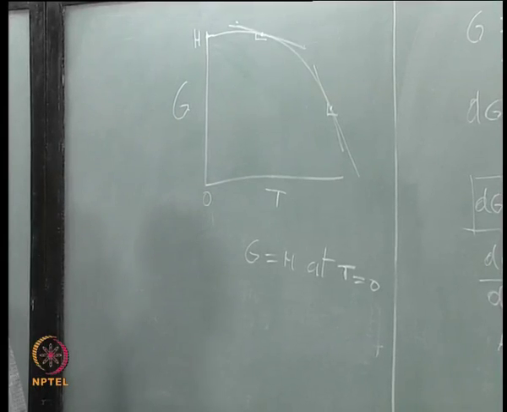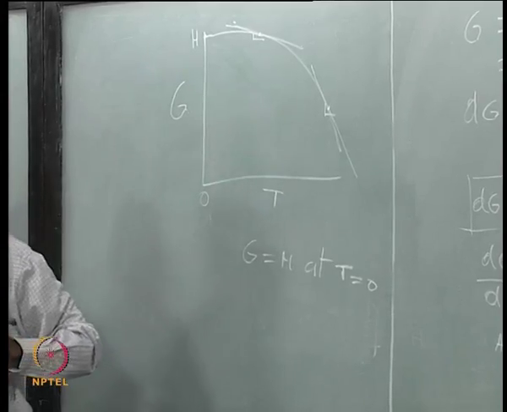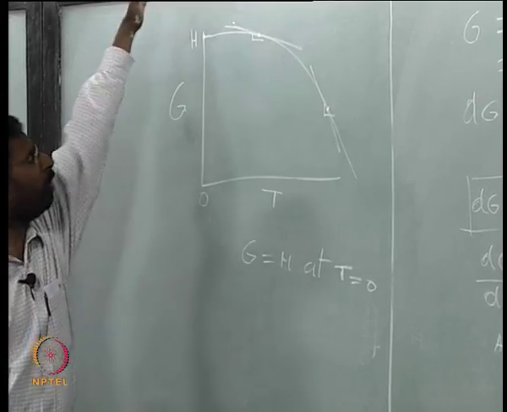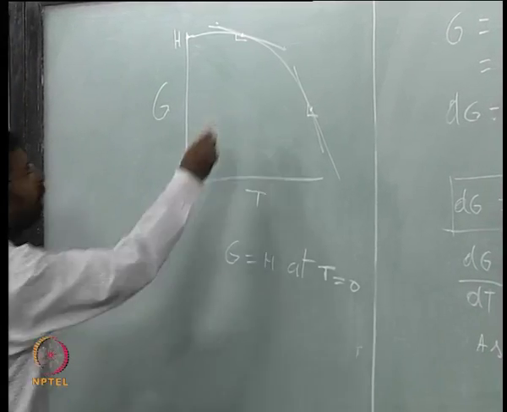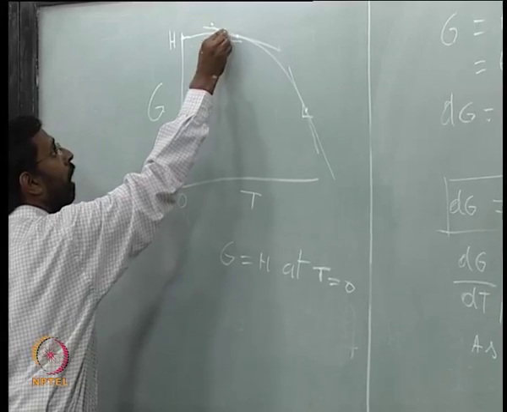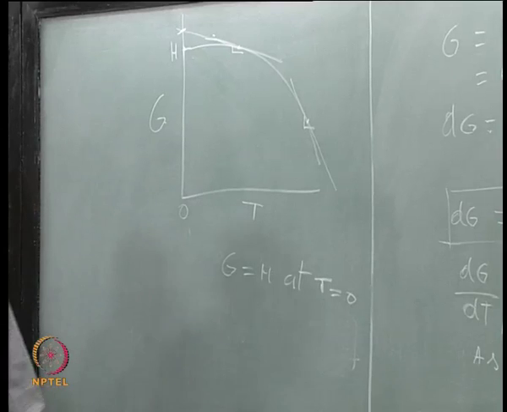whatever it is, and at any temperature if I draw a tangent and extrapolate this tangent to absolute 0, for example, if I extrapolate this tangent to this value, this intercept is what?